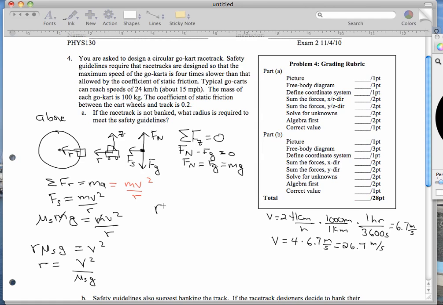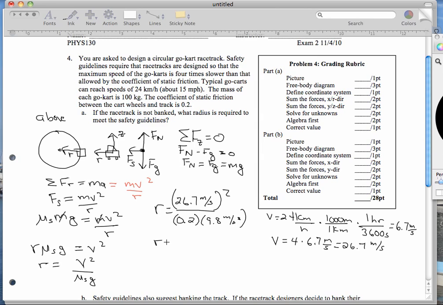So R equals, and now I can plug in. I've done all the algebra and I know all these values. My v squared is 26.7 meters per second, squared, divided by mu s, which is 0.2, times g, which is 9.8 meters per second squared.